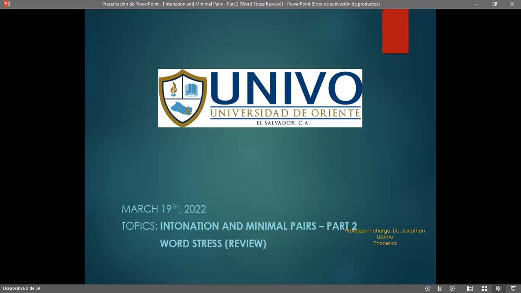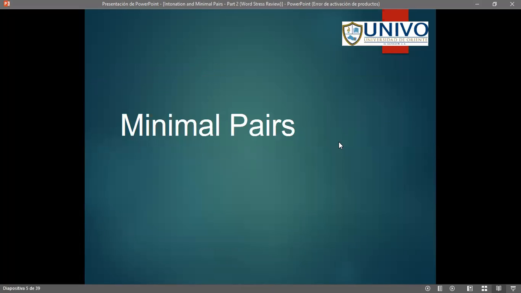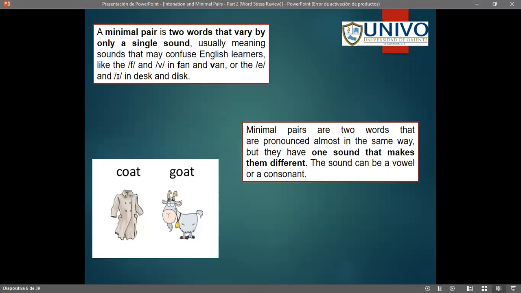The last day, I mean, the last Saturday, I explained to you the difference between minimal pairs and polysemies, right? You learned that polysemies are words that are spelled the same, pronounced the same, but have different kinds of meanings. And a minimal pair is something different, because here you have the same explanation from the last day.